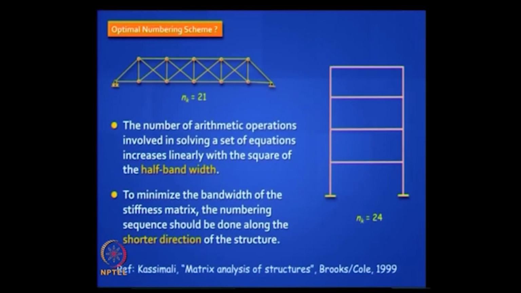Nearby places. So the number of arithmetic operations involved in solving a set of equations increases linearly with the square of the half bandwidth, and to minimize the bandwidth of the stiffness matrix, the numbering sequence should be done along the shorter direction of the structure. This is what we did in the previous example.